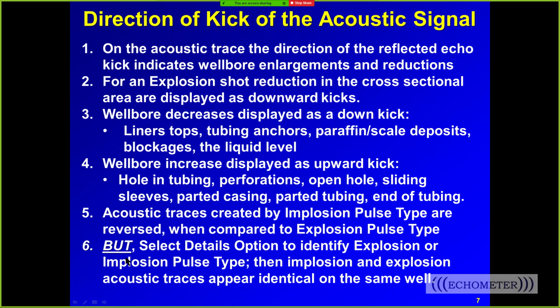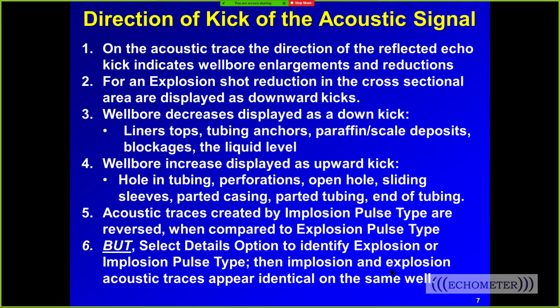But the software has an option. You have to select the details and identify that the type of shot was either explosion or implosion in the software. And then the software displays an implosion acoustic signal or an explosion acoustic signal so that they appear exactly the same.